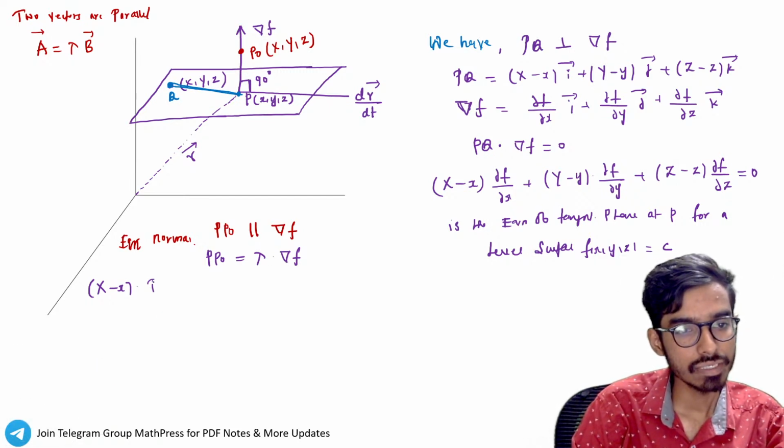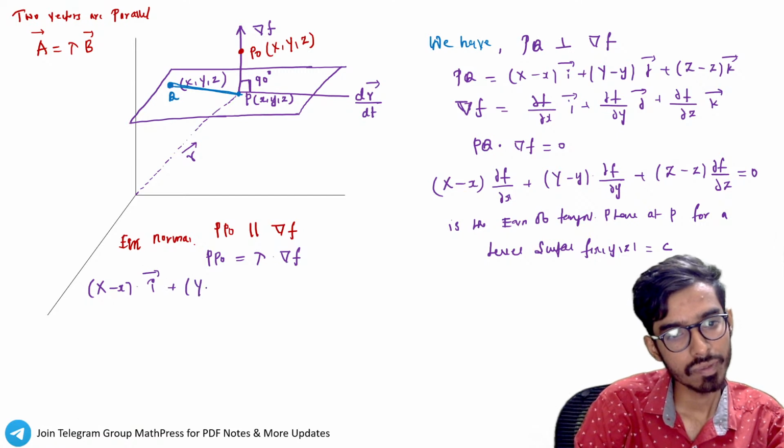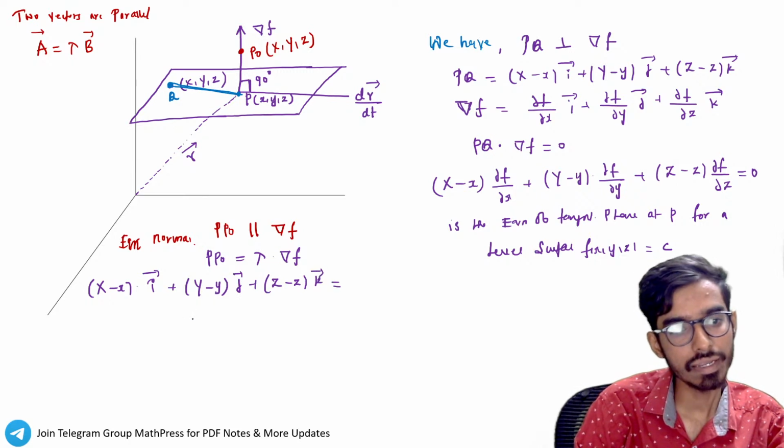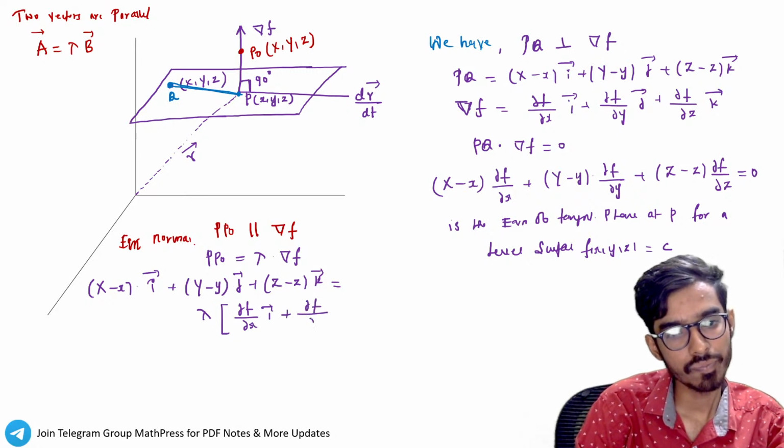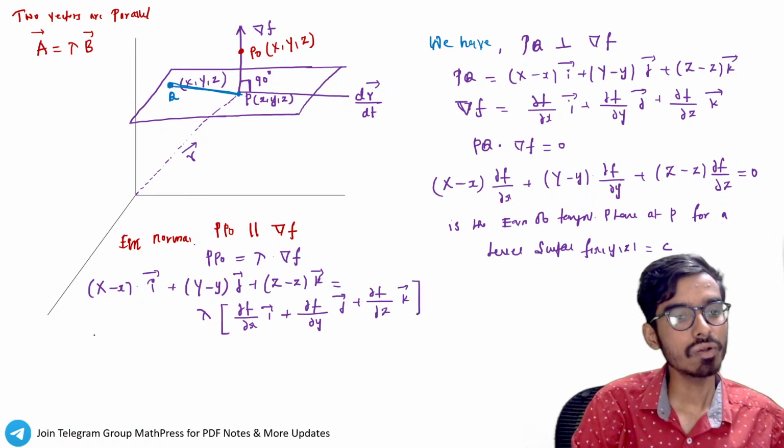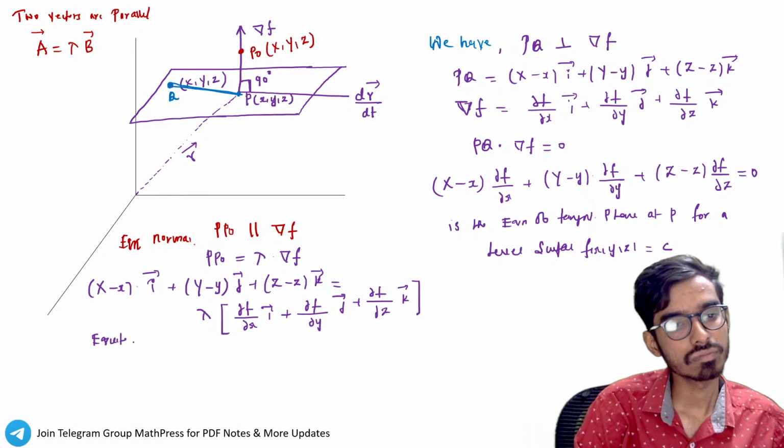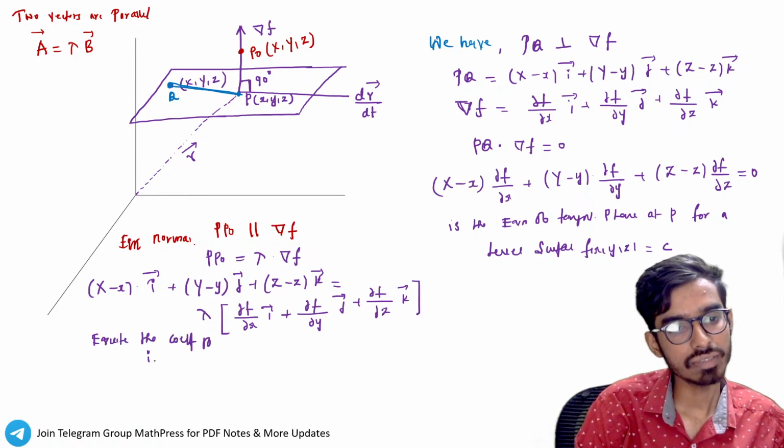This is capital X minus small x i vector, capital Y minus small y j vector, capital Z minus small z k vector is equal to lambda times del f: dou f by dou x i vector, dou f by dou y j vector, dou f by dou z k vector. So you just equate the coefficients of i, j, k.